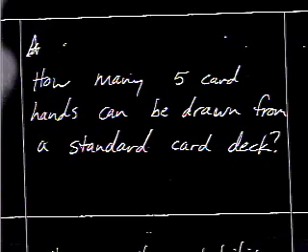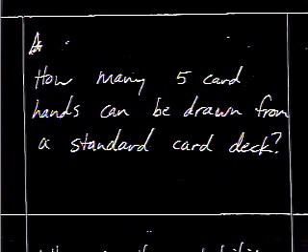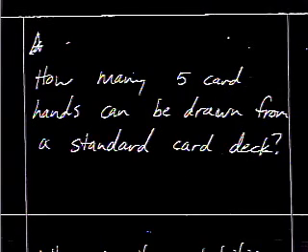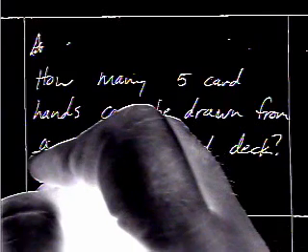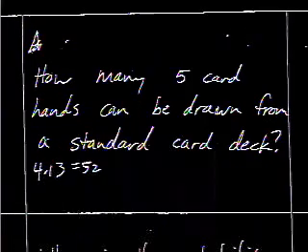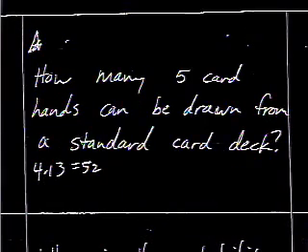Okay, how many 5-card hands can be drawn from a standard card deck? Well, there's 4 suits, and they each have 13 cards, so that makes 52 total cards in a standard playing deck.